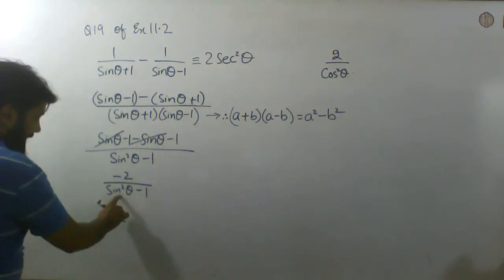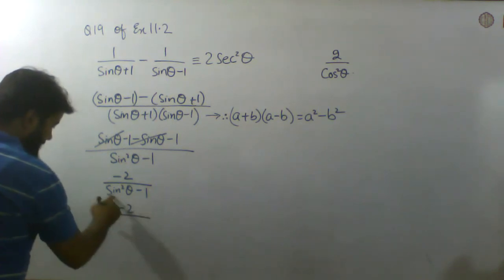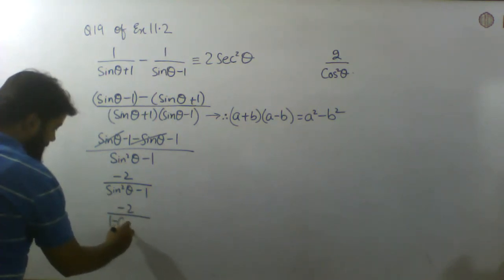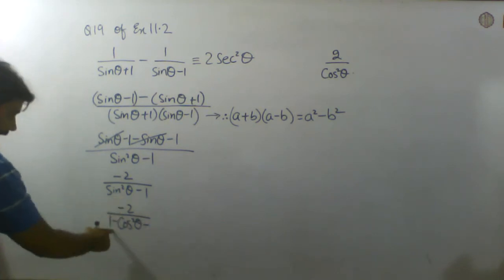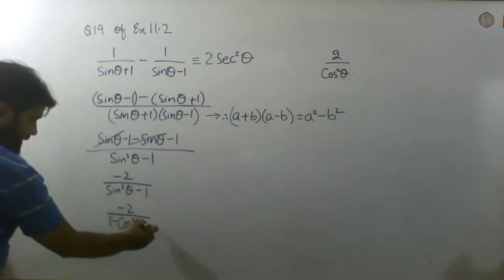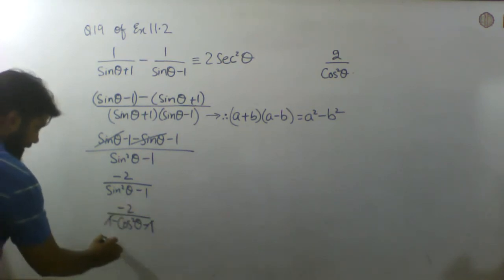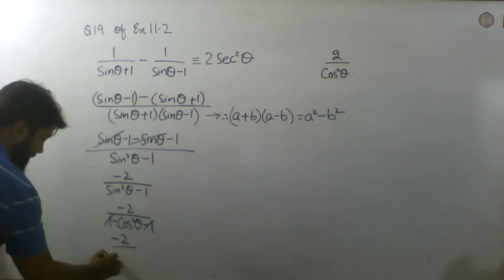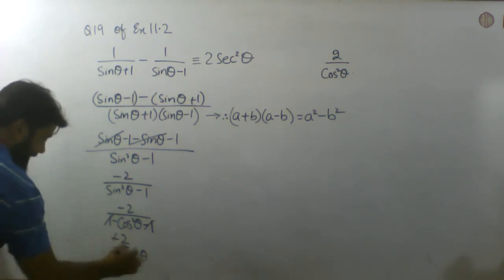Now, what is sine square theta equal to? Sine square theta is basically 1 minus cos square theta, and minus 1 will be written as it is. Minus 1 plus 1 will be cancelled. Minus 2 over minus cos square theta. Minus and minus will be cancelled.